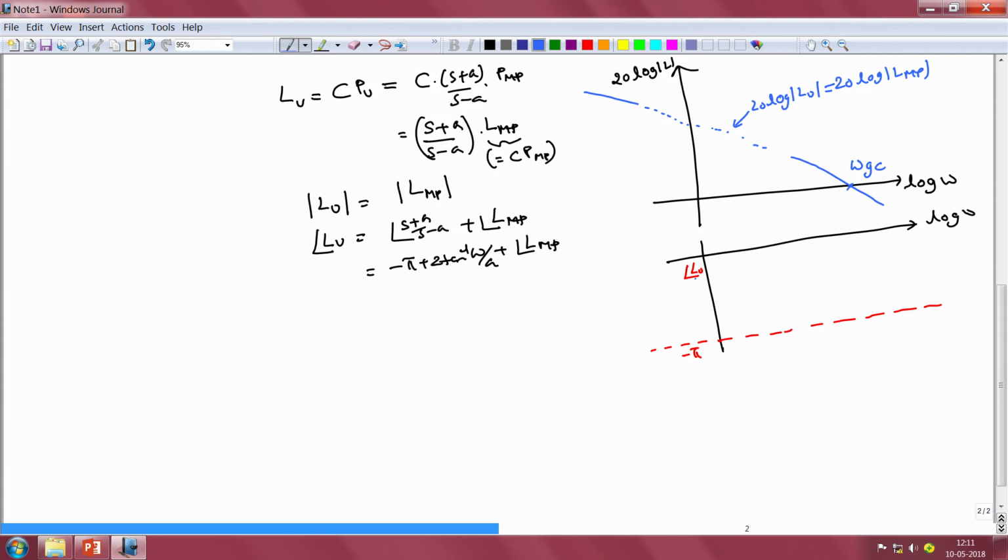As far as the phase lag of Lu is concerned, we note that if we have an integrator as part of the controller structure of our open loop system, that term adds a phase lag of minus pi by 2. So at very low frequencies, in other words when omega is much less than A, we would have the phase lag of Lu equal to minus pi plus 0, because omega is much less than A, plus the phase lag of L minimum phase, which is equal to minus pi by 2, because we assume that we have an integrator.